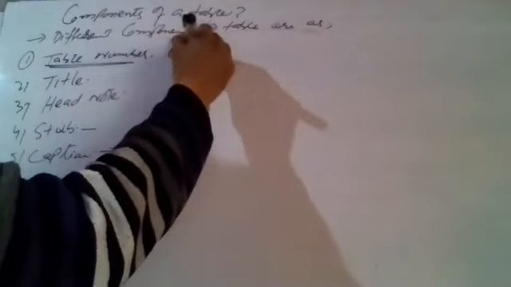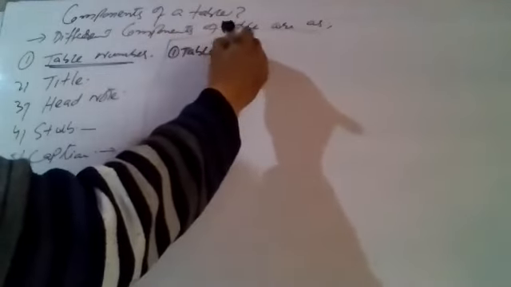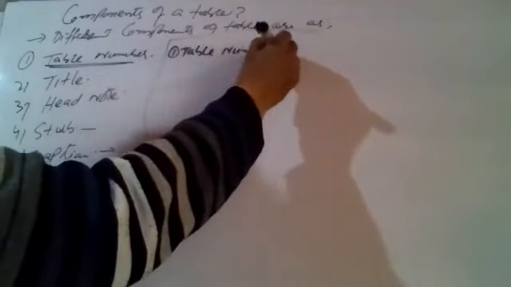So first of all, we have to define this table number. What is table number? A table must be numbered first, like 1, 2, 3, 4.